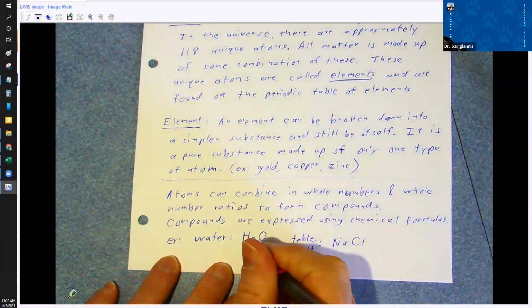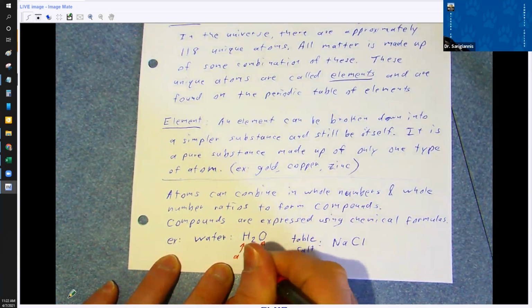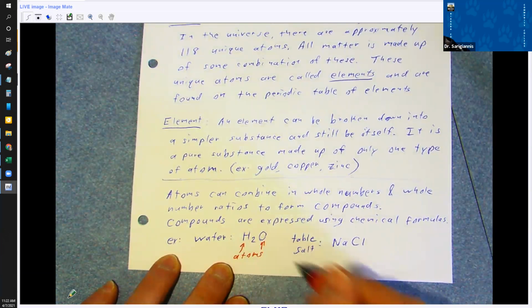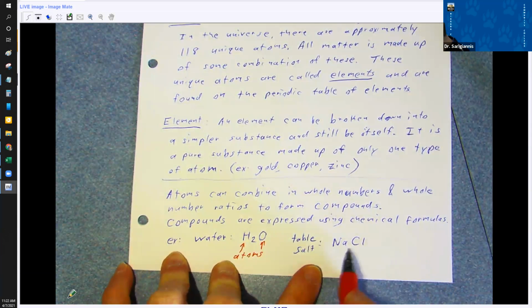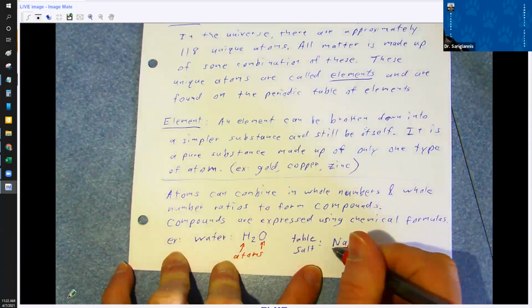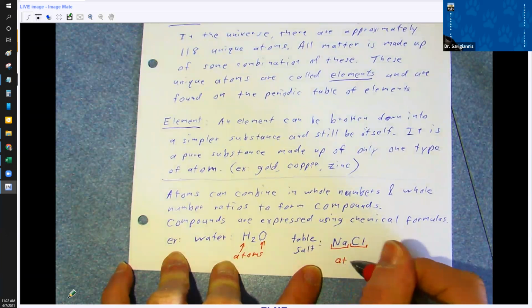So these are atoms: the hydrogen H, the oxygen O. Again, sodium, chlorine, these are atoms.